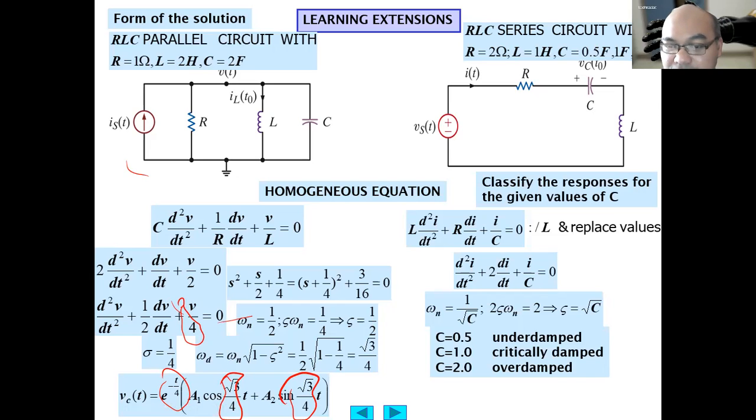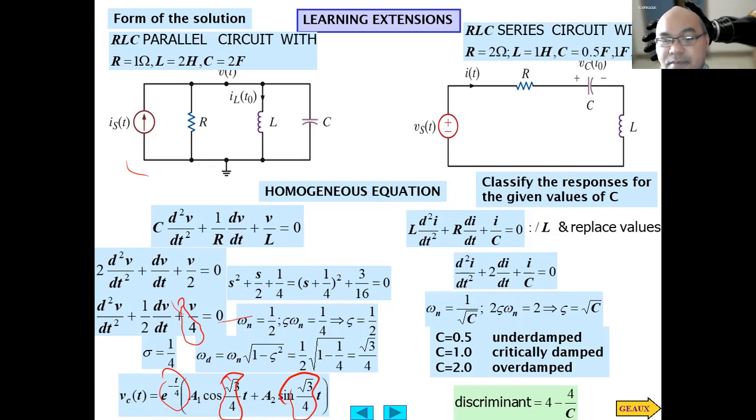And when C equals 2 farad, we will have the overdamped case, when the square root of 2 is larger than 1. So we have the overdamped case.